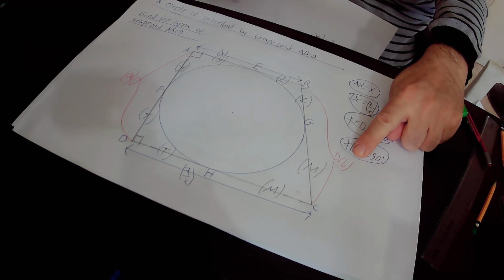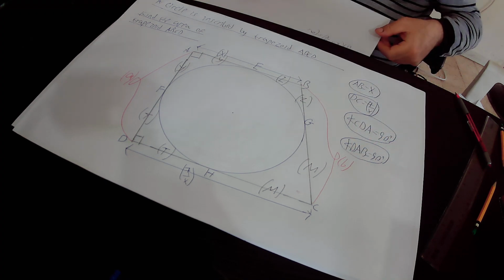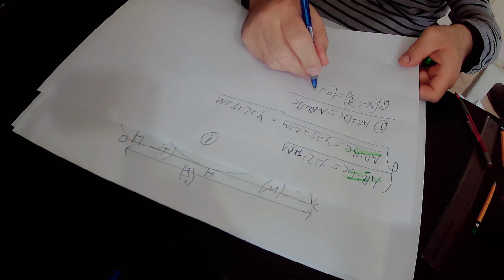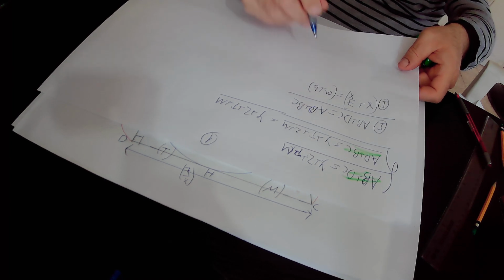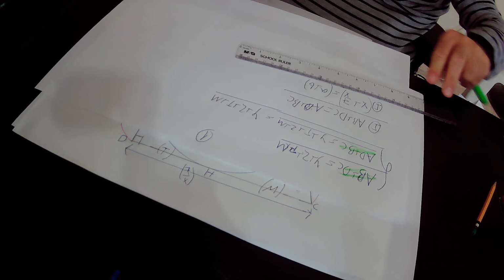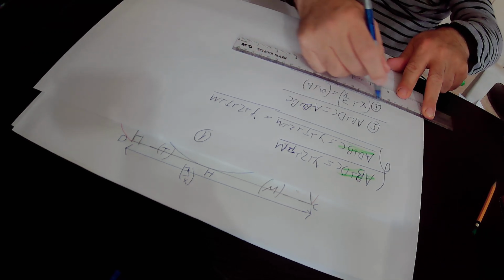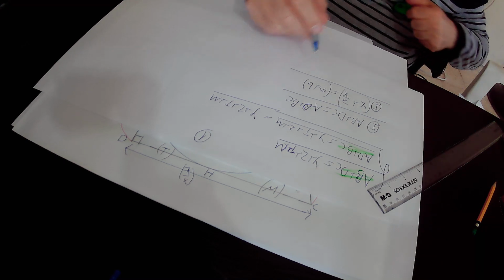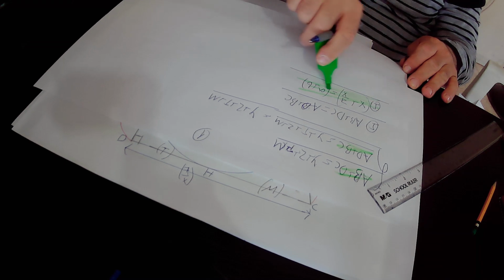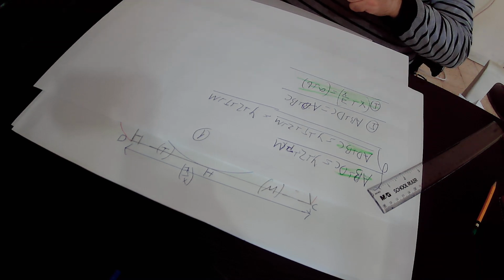BC equals B according to our definition, therefore we substitute BC by B. So in conclusion, according to equation 1, x plus 7 over x equals A plus B.